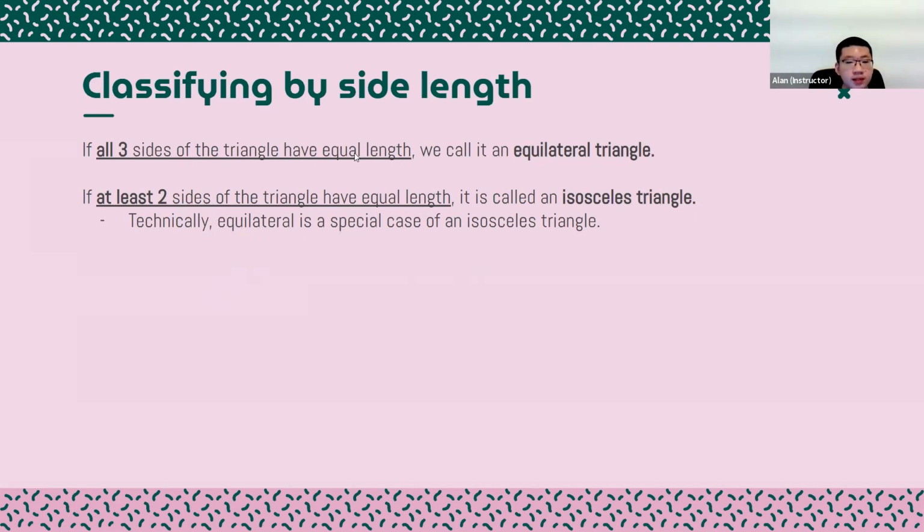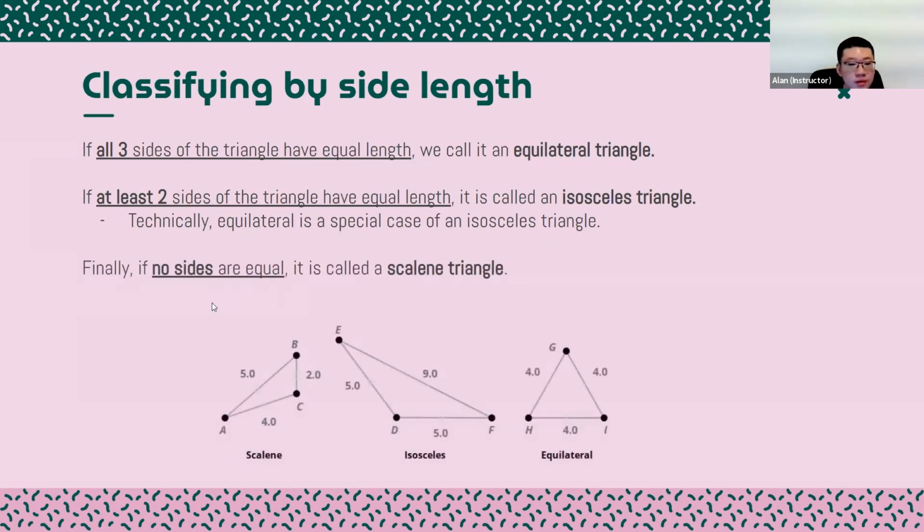And if there are no sides equal, it's called a scalene triangle. You can see that for the scalene triangle, the side lengths are 2, 4, and 5, none of which are equal. The isosceles triangle has two sides of length 5 and one of length 9. And finally, for the equilateral, all of the sides have a length of 4.